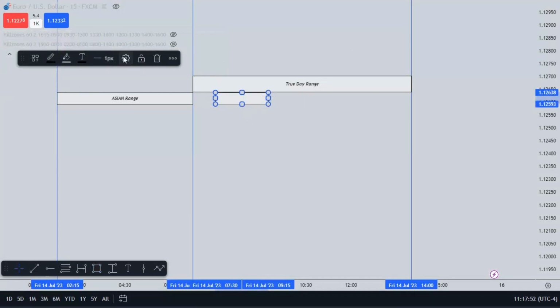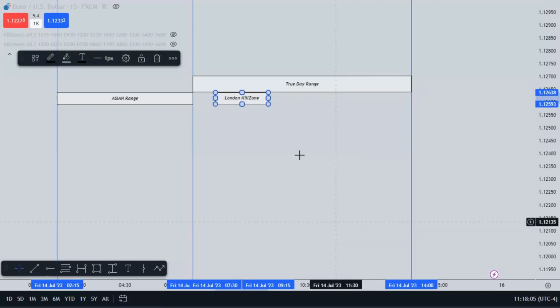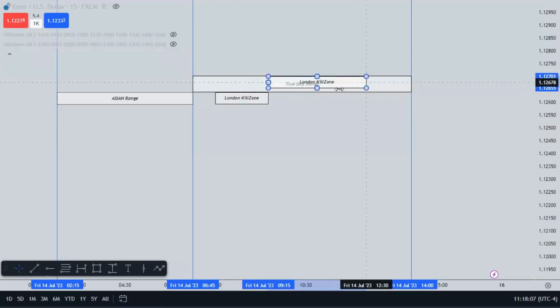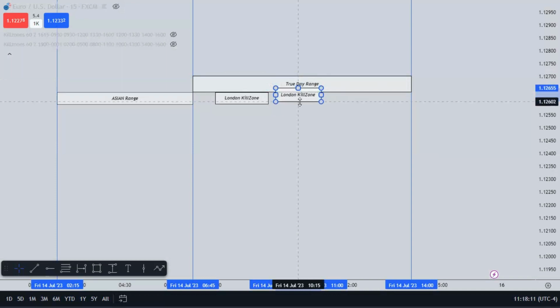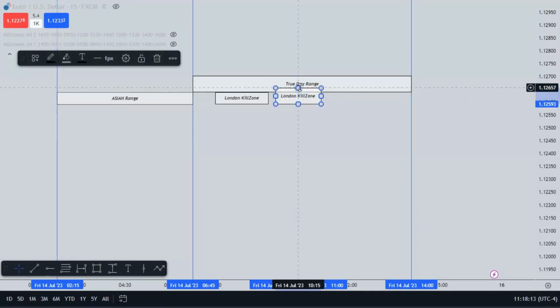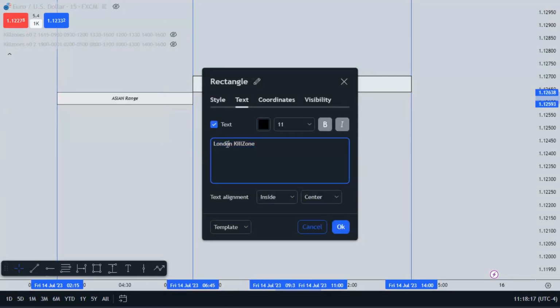The first one will be our London kill zone, right? And then we're gonna have our New York kill zone, which is like this.